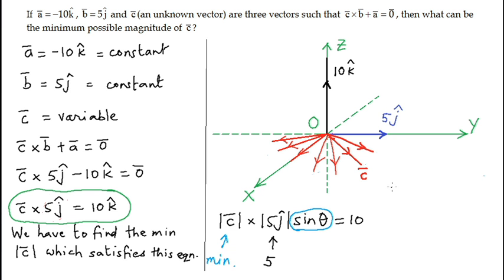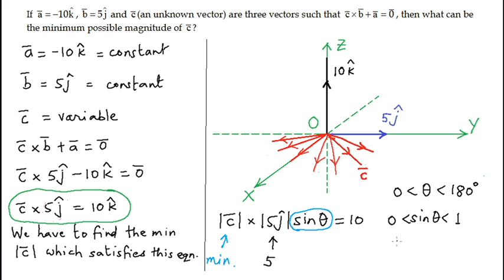Notice from the diagram that theta lies between 0 degrees and 180 degrees. Hence, the value of sine theta will always lie between 0 and 1.